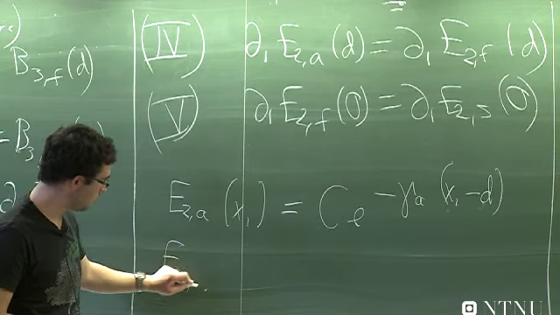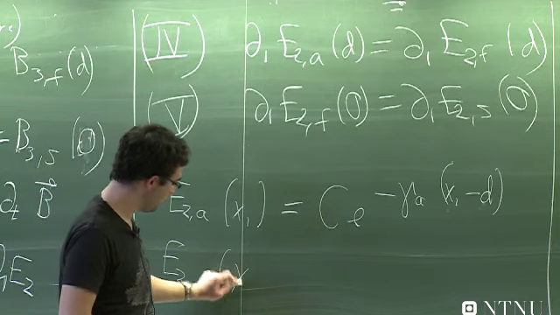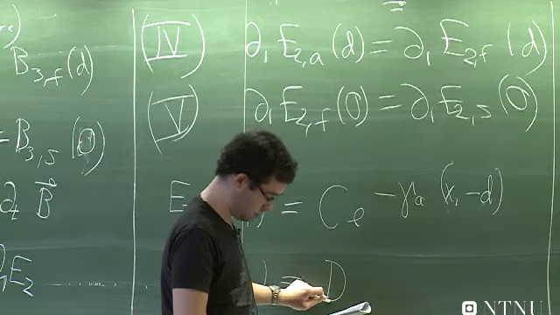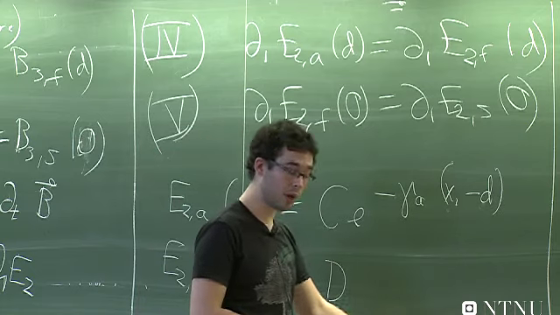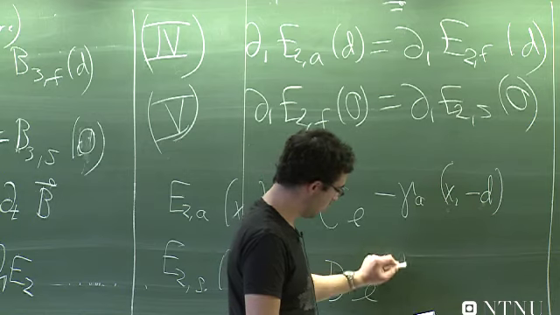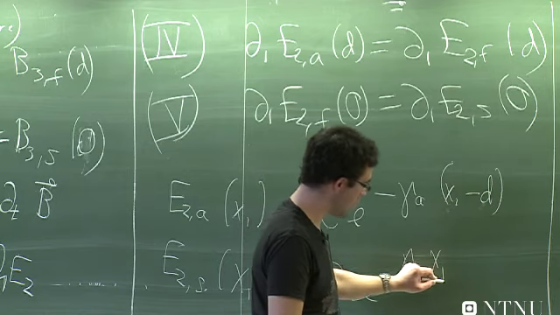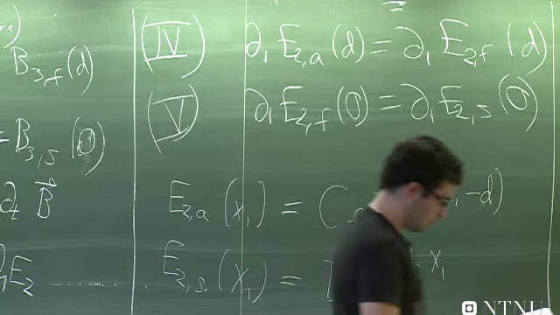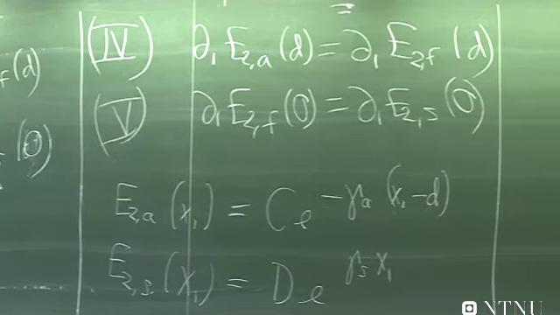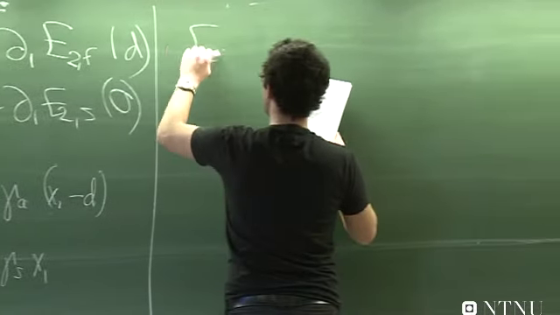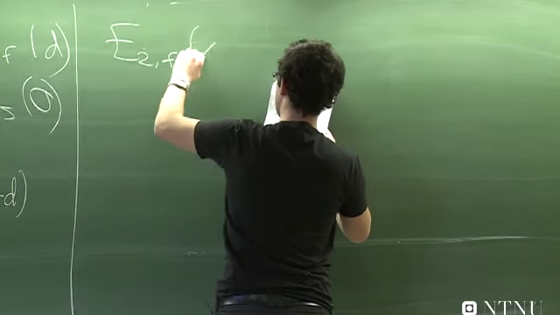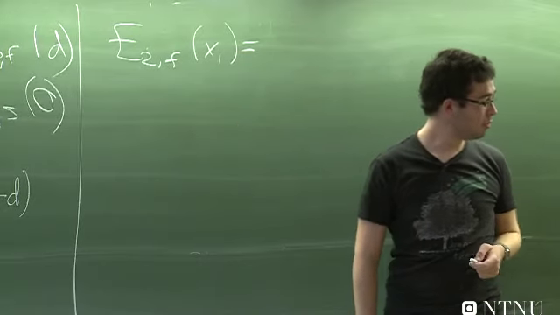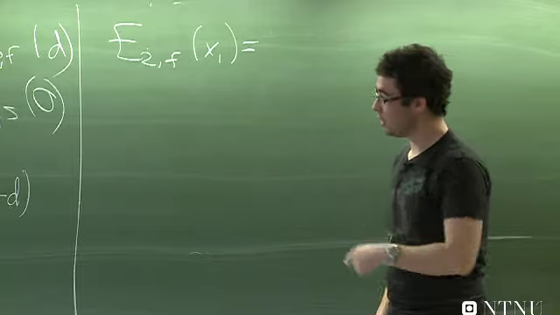E2 in the substrate is similar, except it's decaying as we go downwards, so that's e^(gamma_S x1), like that. Okay? Finally, in the film, which we're really interested in, we have E2 in the film of x1. Well, we can't really say if A is 0 or if B is 0 before we look at the other boundary conditions.